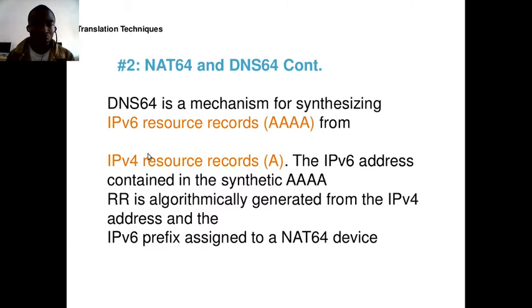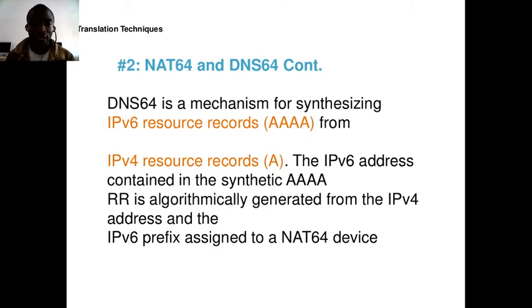The beauty too about this is that it has the component of DNS64, and the component of DNS64 comes in when you probably have an IPv4 internet and an IPv6 network has to communicate with it. So there must be a way of translating the DNS information from one network to another.